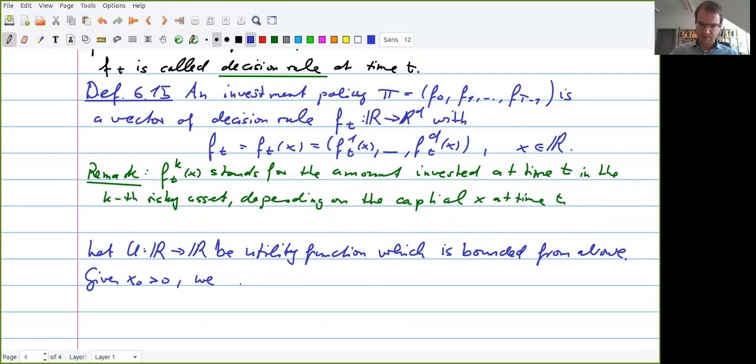We want to come back to our portfolio optimization problem, which was as usual denoted by P, which tells me I want to maximize over all decision rules, investment policies now. So these are the investment policies I'm considering. Rather simple.